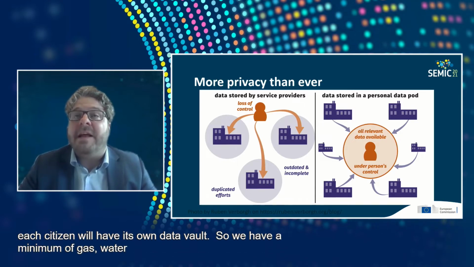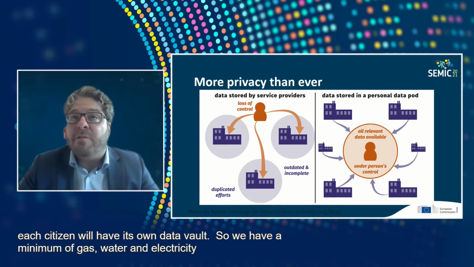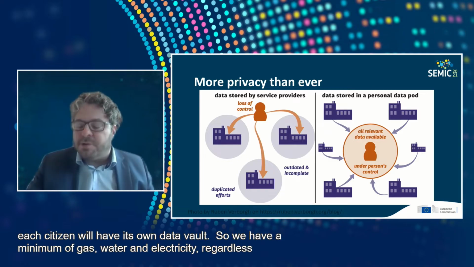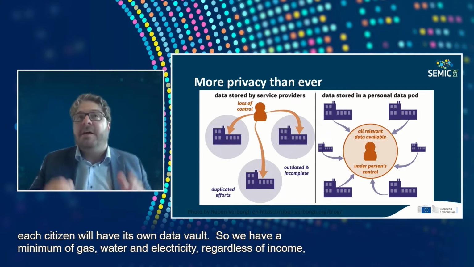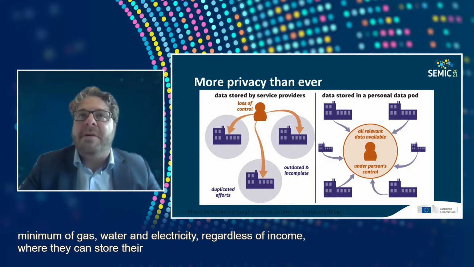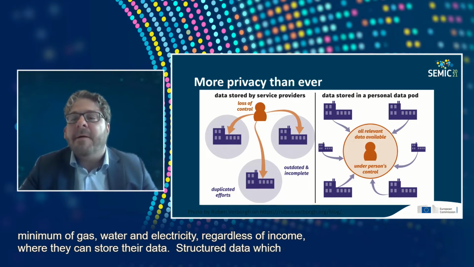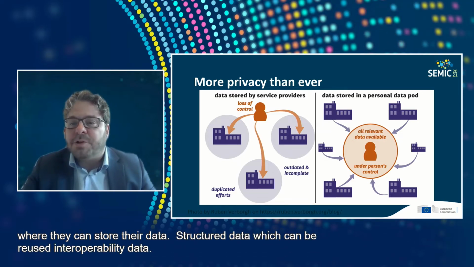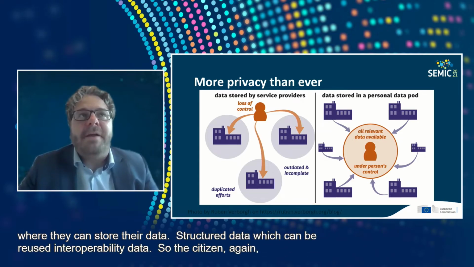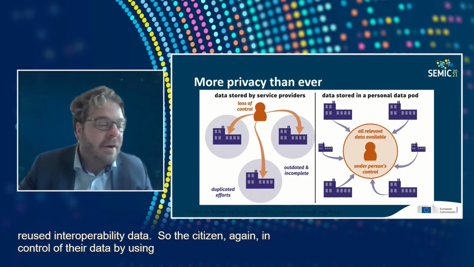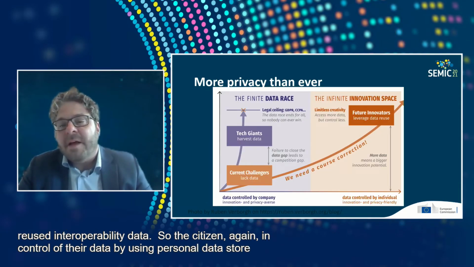Well, now they will have data utilities and a data vault where they can store their data, not documents, but structured data, which can be reused, interoperable data. So the citizen is again in control of their data by using a personal data store. Let's jump to the next slide.